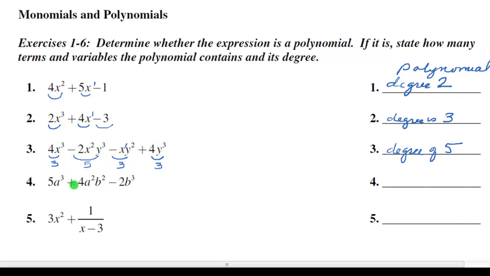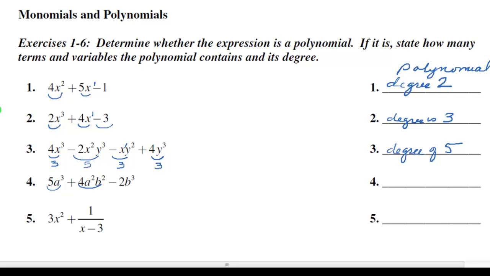5a cubed plus 4a squared b squared minus 2b cubed. Is this a polynomial? If you said yes, you are right. If you said it's a trinomial, so that it has 3 terms, you are also right. We have the term 5a cubed, the 4a squared b squared, and the negative 2b cubed.